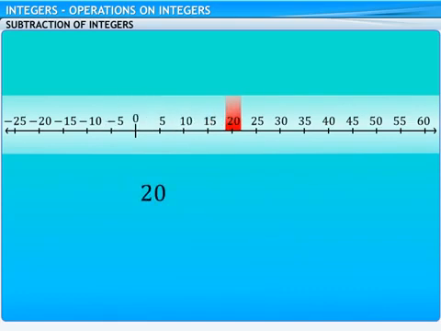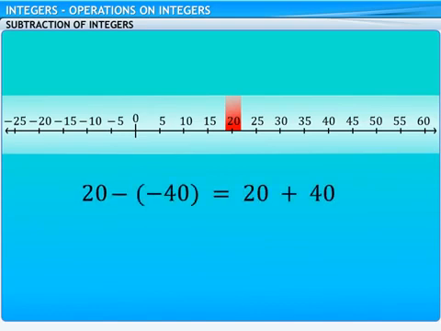Now, subtracting a positive integer, say 40 from 20, also moves the point to the negative side of the number line. And finally, subtracting a negative integer, say minus 40 from 20, moves the point to the positive side of the number line. Let's move on.